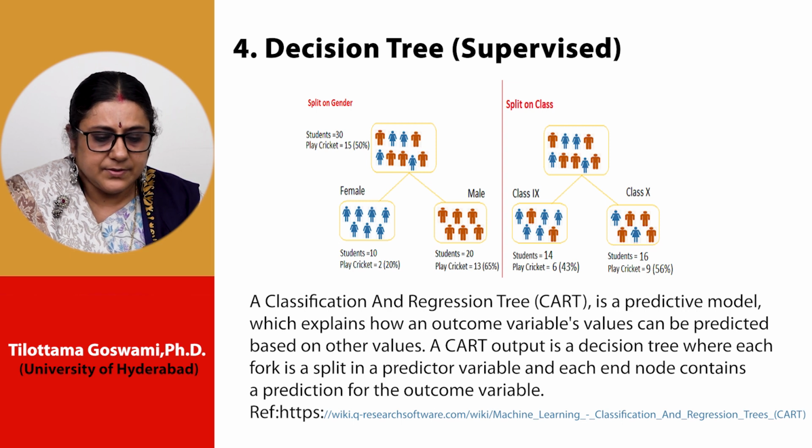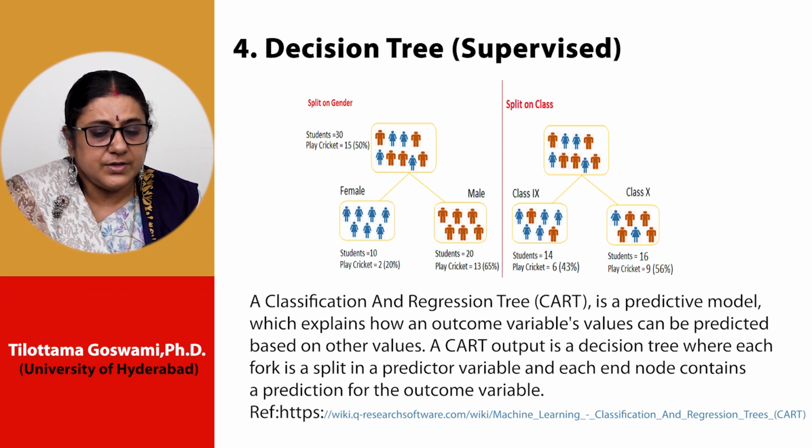Here in this example of a decision tree, the split is done at the root level, and every node represents the feature on which the split is being done. So gender, if it is female or male.